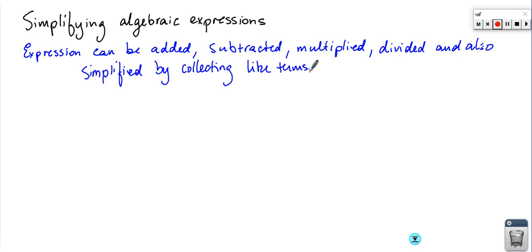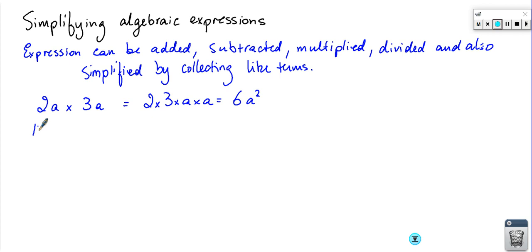Let us see this happening. For example, let's say we have 2a multiplied by 3a. That means I have 2 times 3 times a, which is the same as 6a squared.